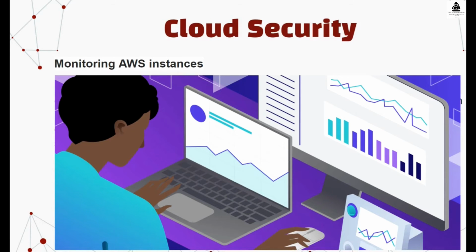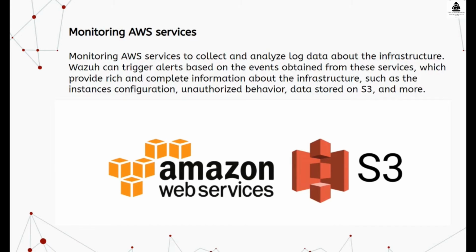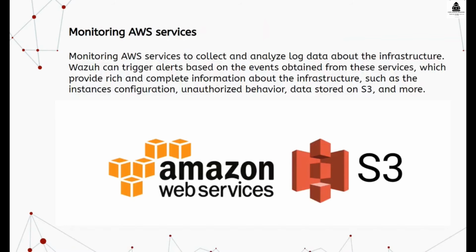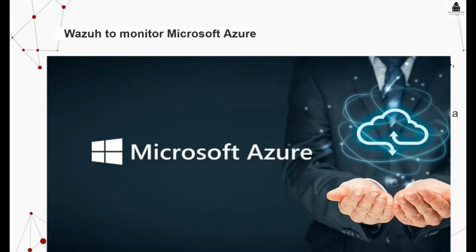We can monitor AWS instances with that. Plus there are multiple services which are not hosted on AWS instances, like AWS S3, CloudTrail, and many other services. We can connect them to our Wazuh system. The second cloud provider is Microsoft Azure, and Google Cloud is also there.